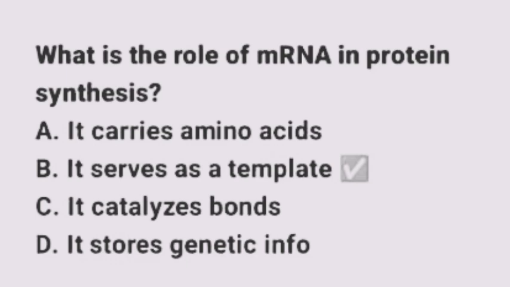It helps to catalyze peptide bond formation, and the DNA stores the genetic information but does not leave the nucleus. So the correct option there is option B. It serves as a template for assembling amino acids. That is the role of the messenger RNA in protein synthesis.